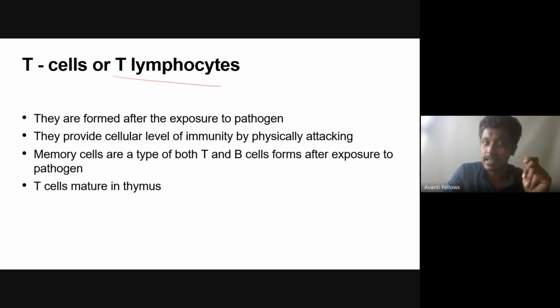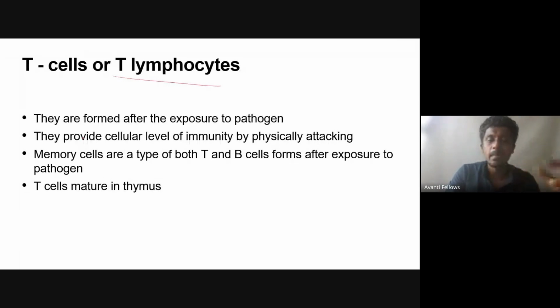Why are they formed? They are formed based on memory. For example, in your younger age you might get a lot of infections such as diarrhea, fevers or cold. But as you've grown up, the number of times that you fall sick is reduced. The reason is your body has built a memory.